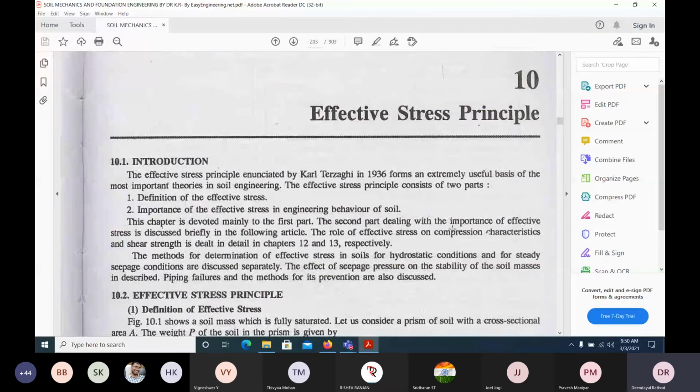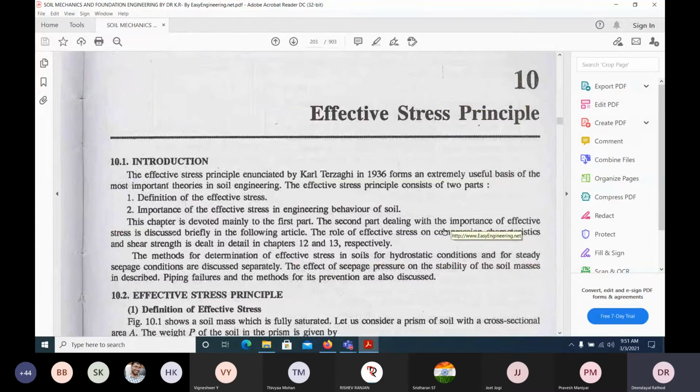Is it visible now? Yes, sir. Now, this particular topic is very, very important. Till now, what you have studied is only permeability, which is also an engineering property. We have seen the falling head method, constant head method, and pumping out and pumping in also. You can go through it. And for the stratified soil, horizontal and vertical, we saw what happens to the average coefficient of permeability when water passes through it.